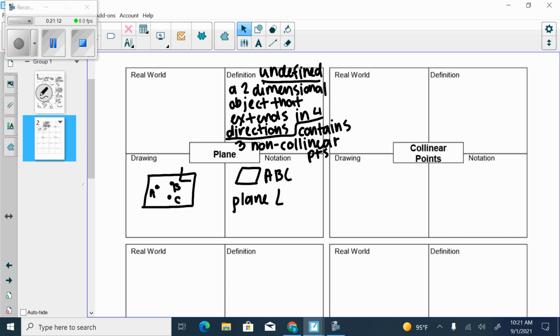Then we're going to talk about collinear and non-collinear points, right? So collinear are points that are on the same line. So that would be like I have some straight line here, right? And then points that are on this straight line.